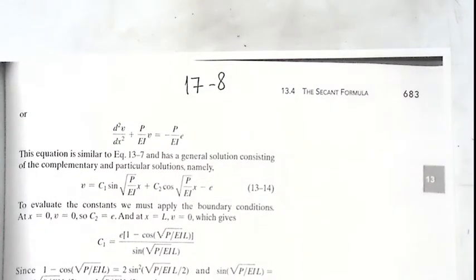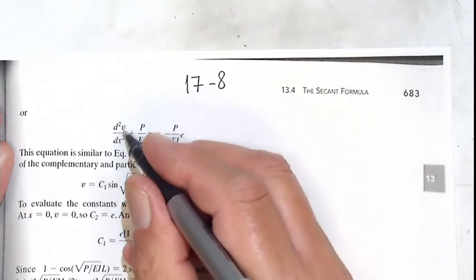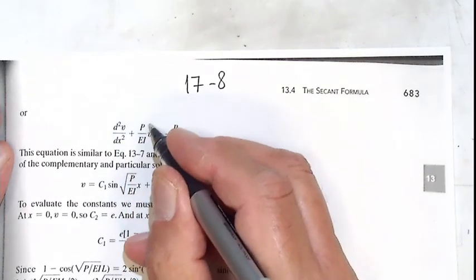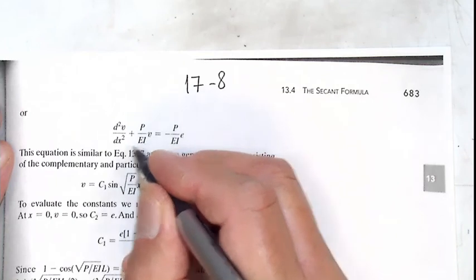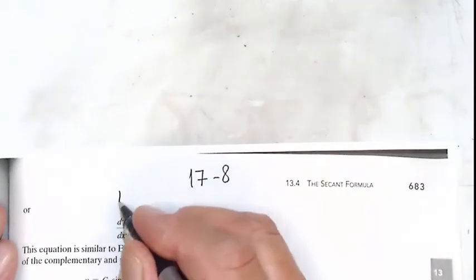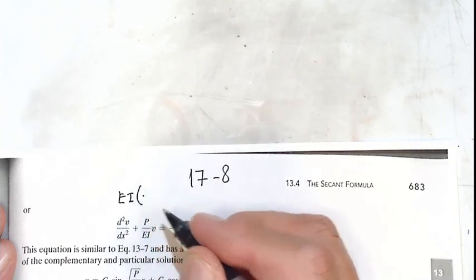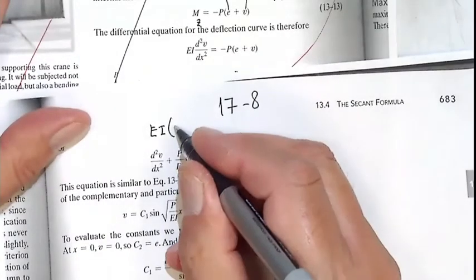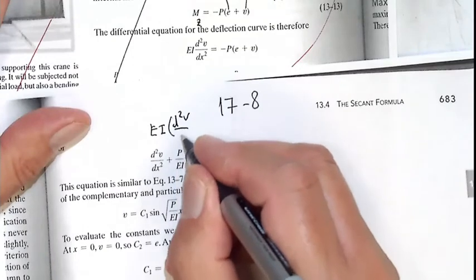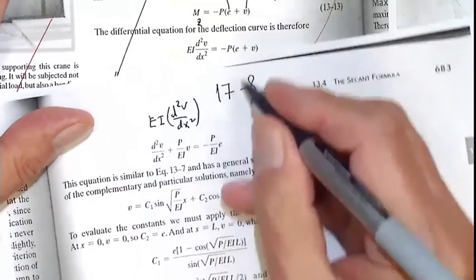So then we have EI d2v/dx squared equals minus P (e plus v).